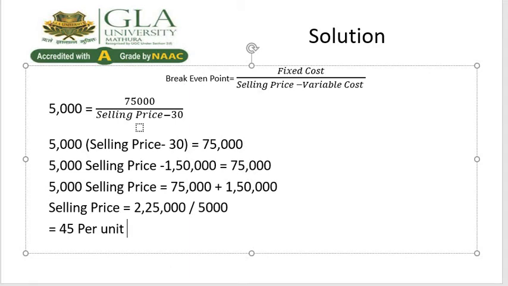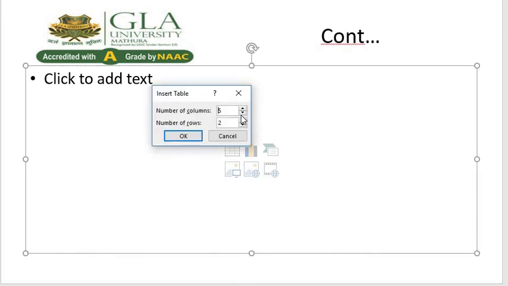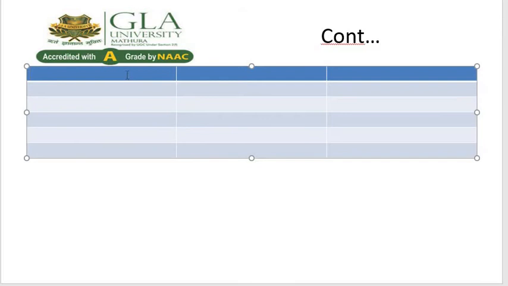We require three columns. Here are our particulars, in case of 7,000 units and the second situation, 9,500 units.